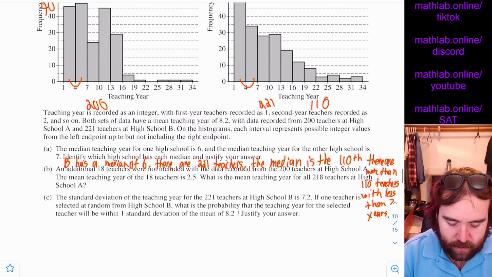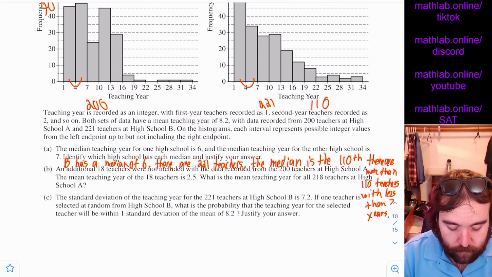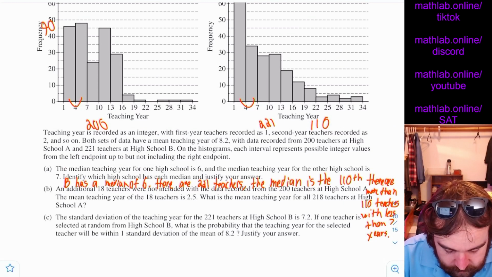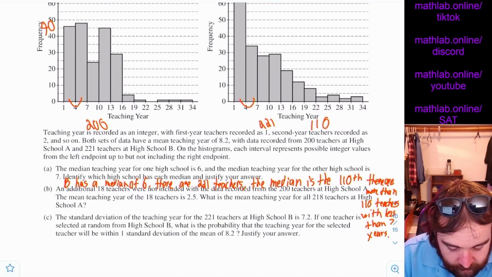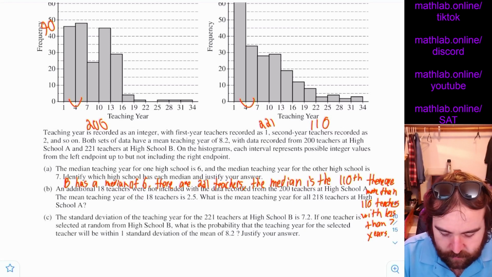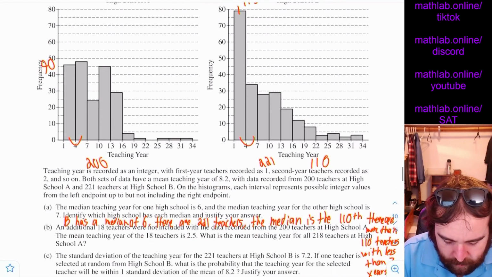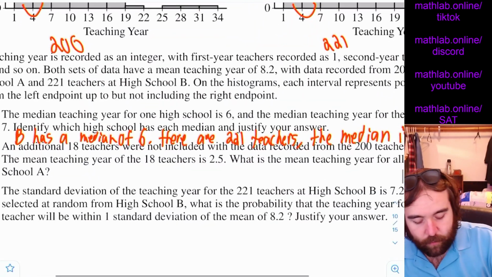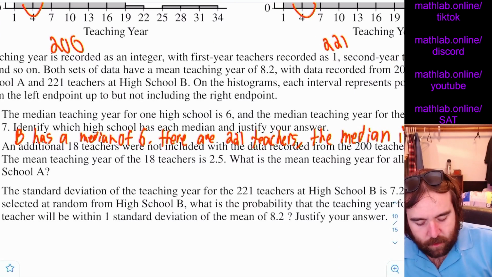Okay. An additional 18 teachers were not included from the data recorded from the 200 teachers at high school A. The mean teaching year of the 18 teachers is 2.5. What is the mean teaching year for all 218 teachers at high school A? Okay, cool. Just a nice little math question. The mean is 8.2, so I'm just going to find the total number of years.